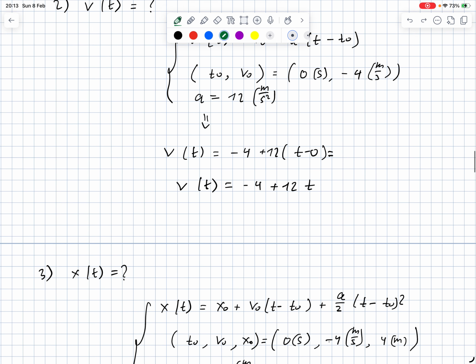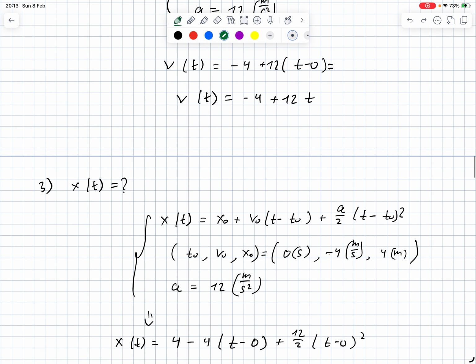Okay, next part, we need to find the function of position of the object. Because we have acceleration, we're going to use this formula. And again, we need to choose t0, v0, and x0, which means, well, I'm not going to say initial.